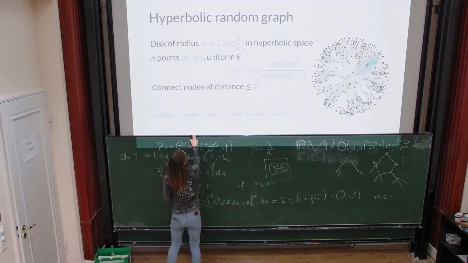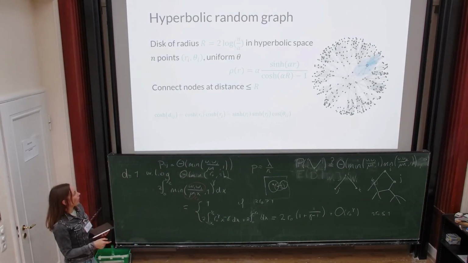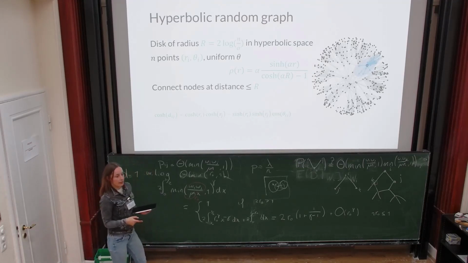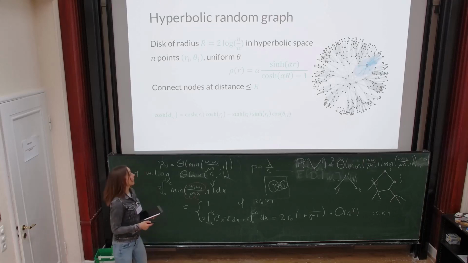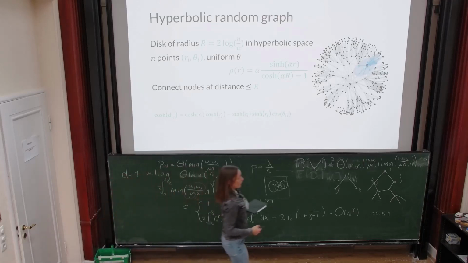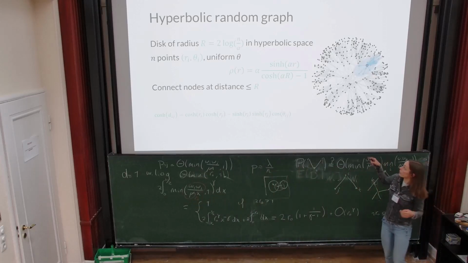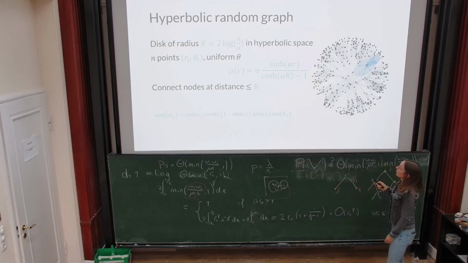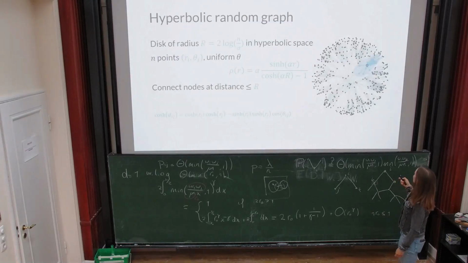Now, there's one final model that I would like to discuss for today, a model that has had a huge amount of popularity, mainly in physics: the hyperbolic random graph. It says you should make random graphs not in Euclidean space, but in hyperbolic space. So you have a disk of radius r, and then you have some points, but now they're not uniformly distributed.